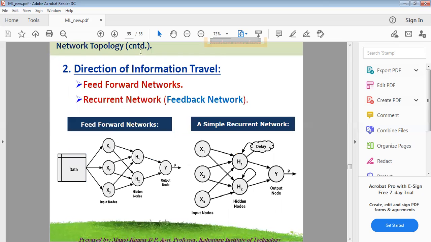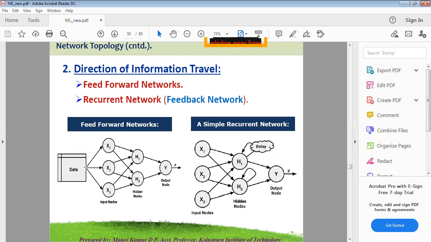So come to the network topology. Network topology means when you go with a feed forward and when you go with a feedback, the recurrent network. In feed forward, all the directions move from left to right. So no going back.